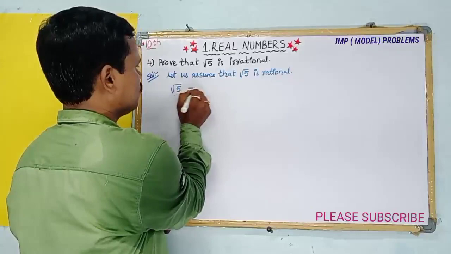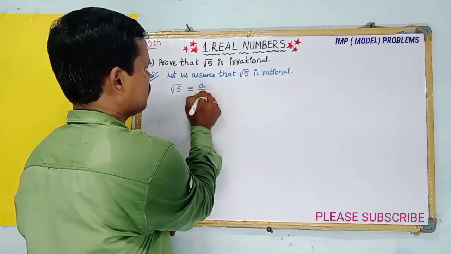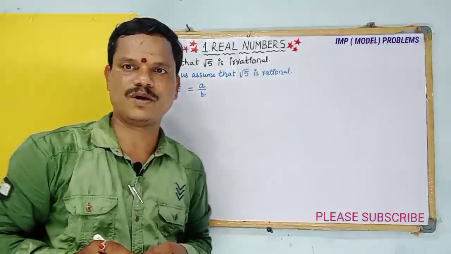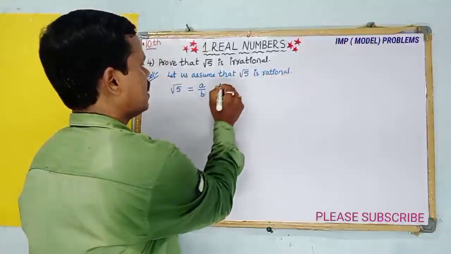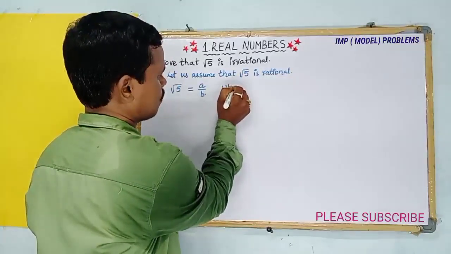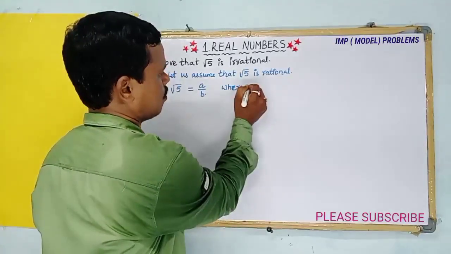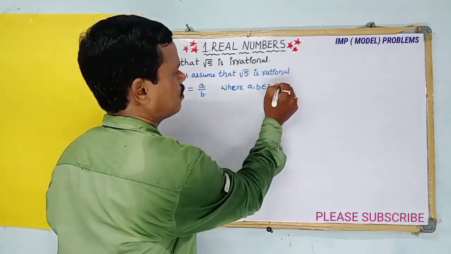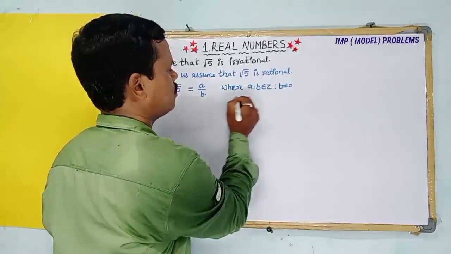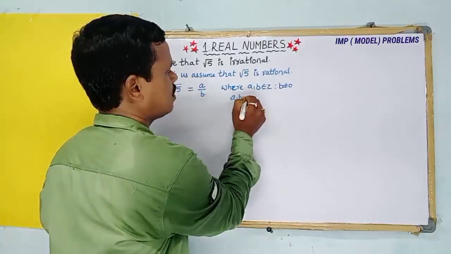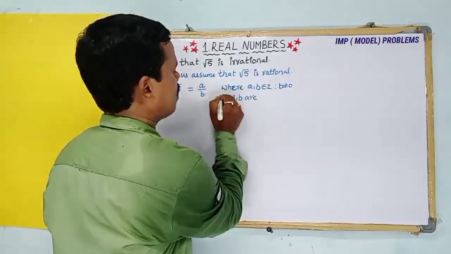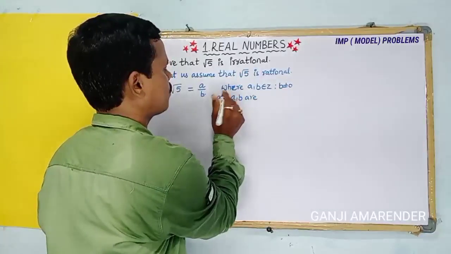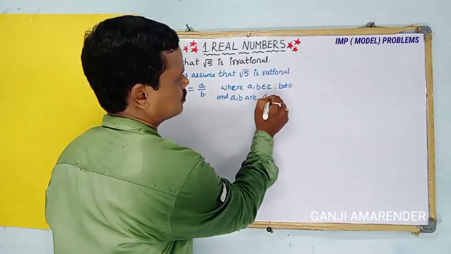Root 5 is rational means root 5 is equal to a by b, every rational number in the form of a by b. Now where a, b belongs to Z, b is not equal to 0, and a, b are co-primes.